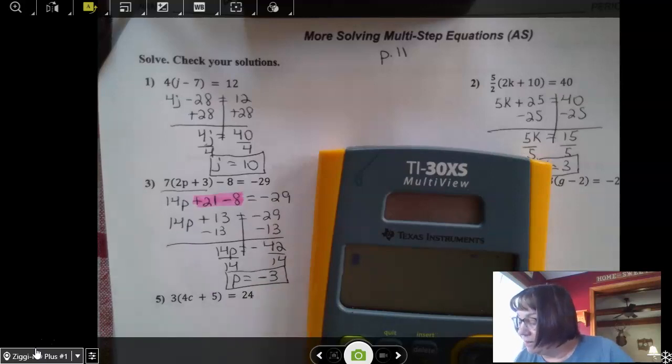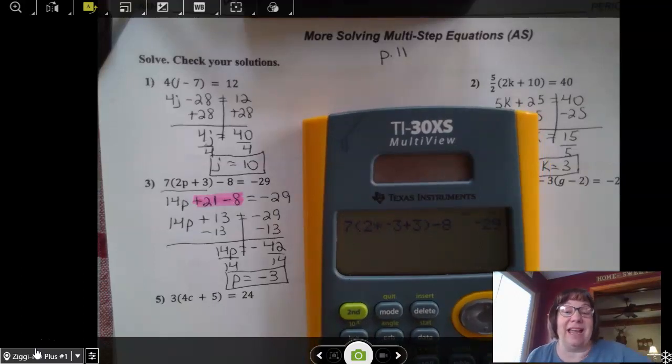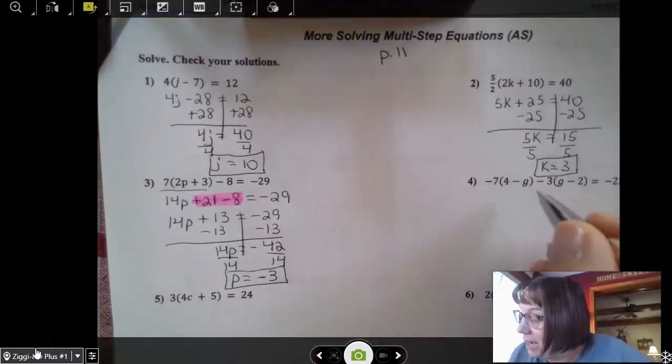It's negative 3. There we go. 7 times 2 times negative 3 plus 3 minus 8. And I got the negative 29. So again, you can see how checking your answer is helpful, and then checking to see that you typed in exactly what you had.